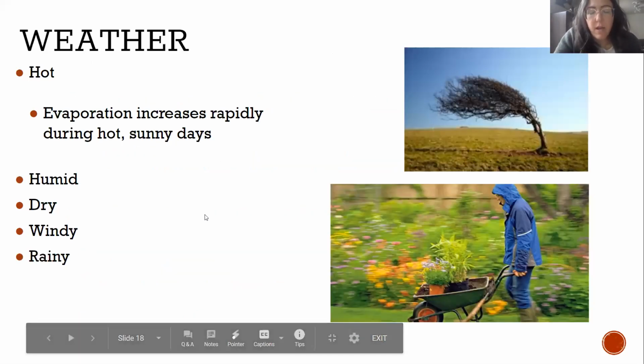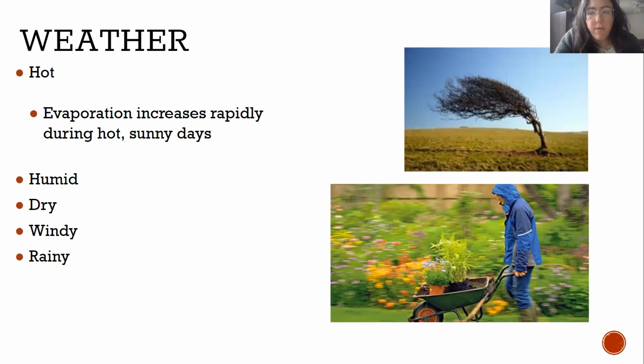So weather can dramatically affect the water that's available to our plants, and whether or not they are able to get access to it, and if the soil has absorbed it. I talked a little bit about the temperature: if it's hotter outside, we're going to water more; if it's cooler, we're going to water a little bit less.